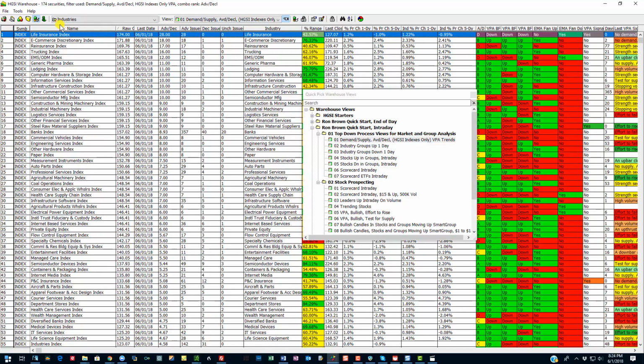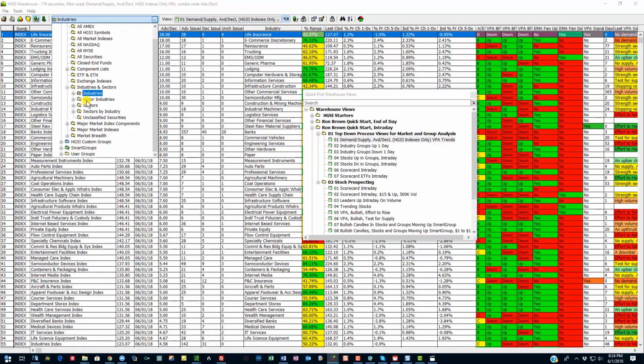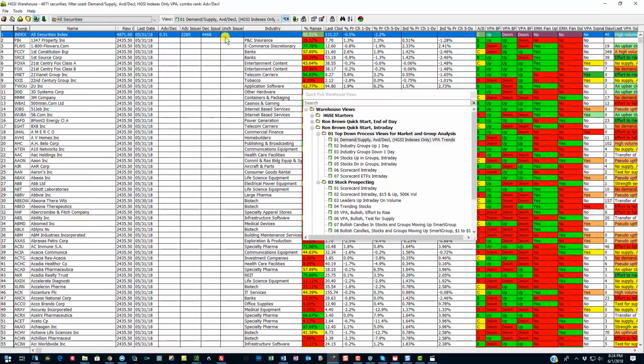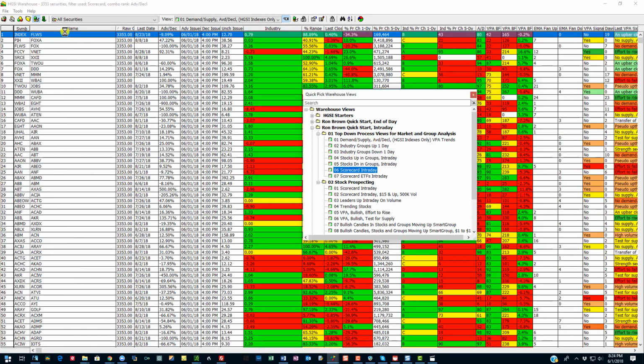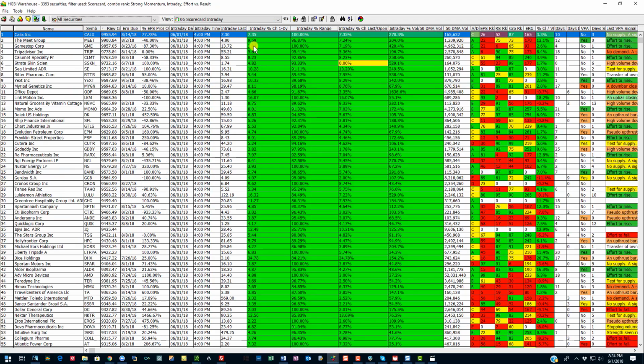And I'm going to move up to all securities now, and I'll just click on the scorecard intraday. And these are the stocks that finished at the top of the list with my combo ranking. And I didn't talk about the combo ranking in the main video or during the live webinar, so let me talk about it briefly right now.